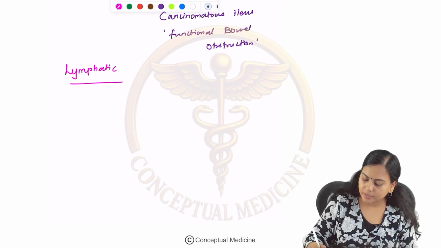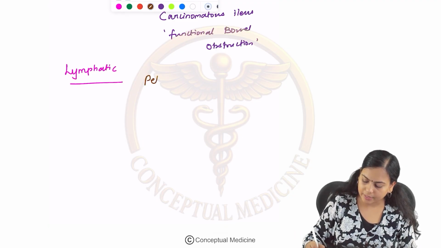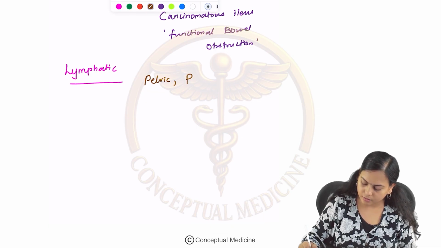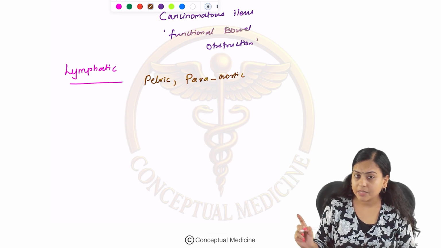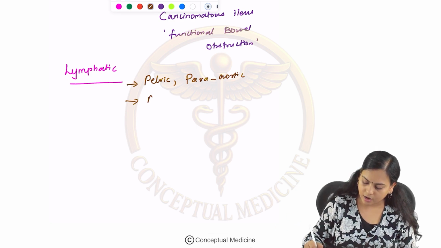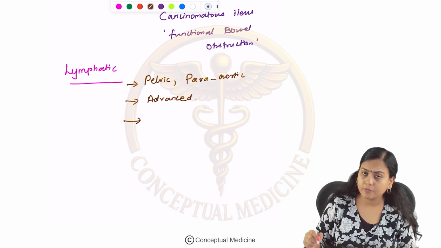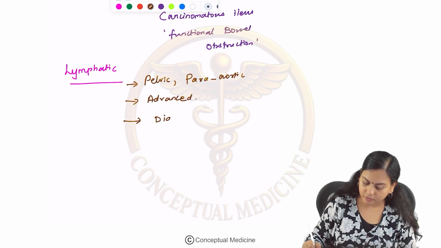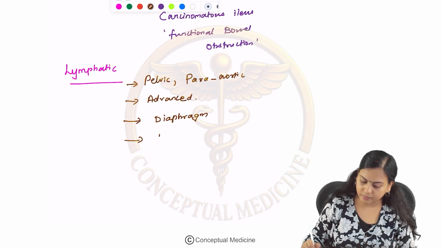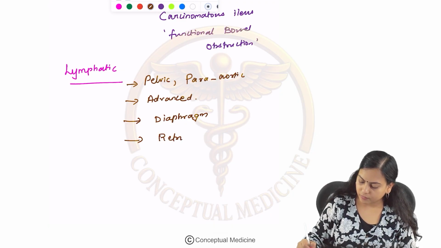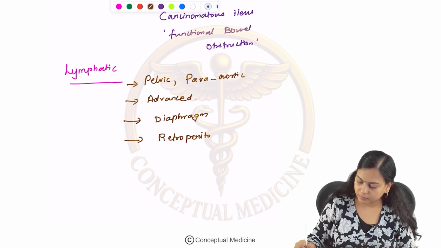Next spread is lymphatic spread. So, lymphatic spread can happen to the pelvic or para-aortic lymph nodes, and it happens particularly in advanced stage. Okay, spread to the lymphatic channels will be going to the diaphragm and it can go to the retroperitoneal lymph nodes.